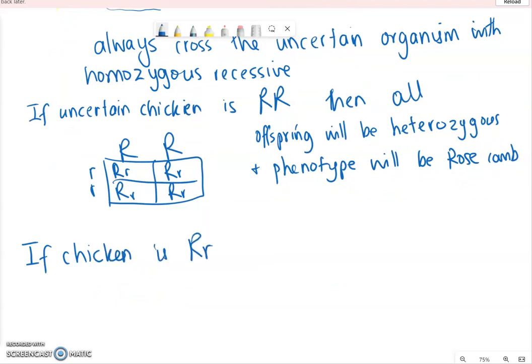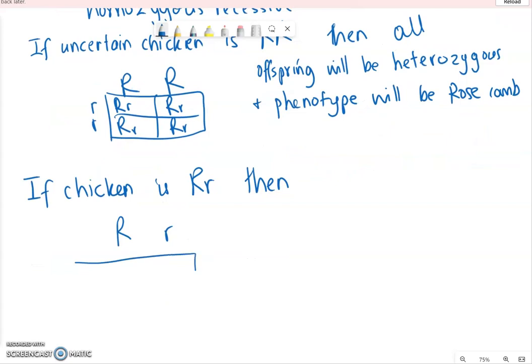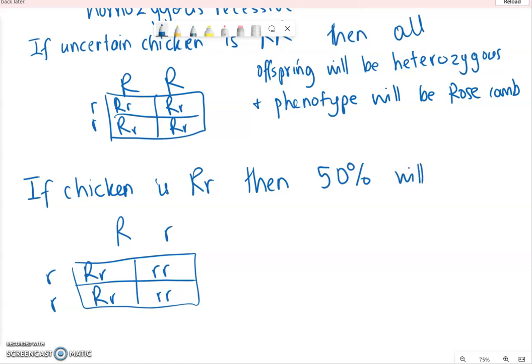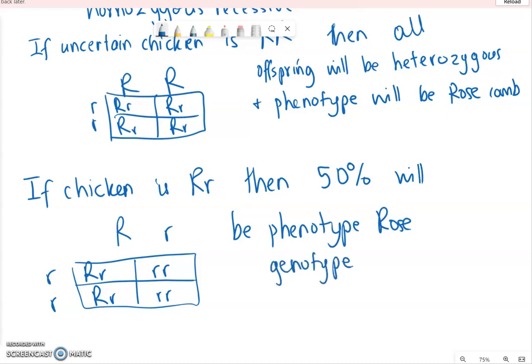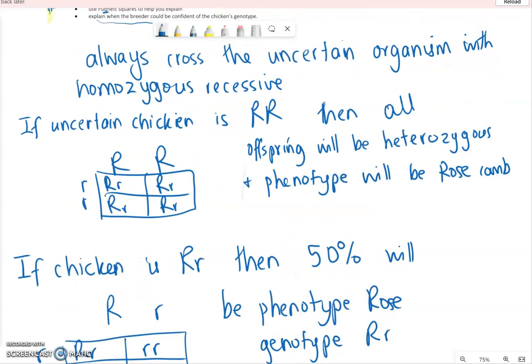Okay. Next statement, if the chicken is heterozygous, then still crossing that chicken with a homozygous recessive, 50% will be phenotype rose, genotype heterozygous, and phenotype, what's the opposite of rose?